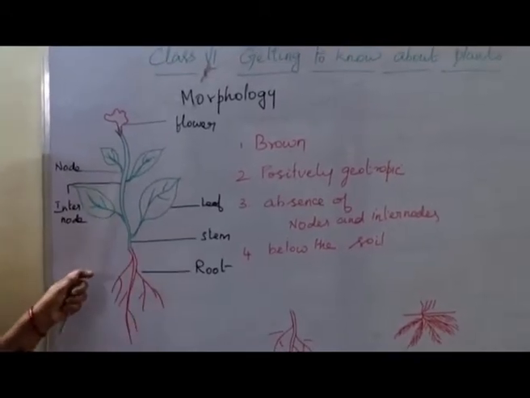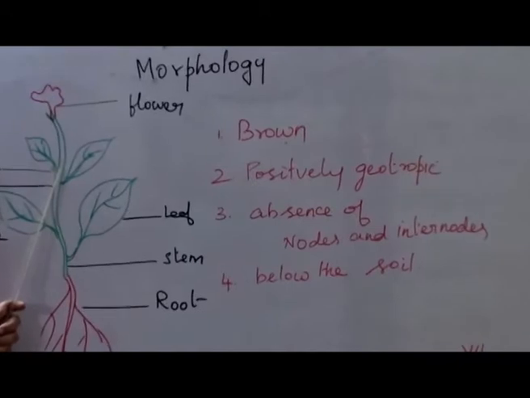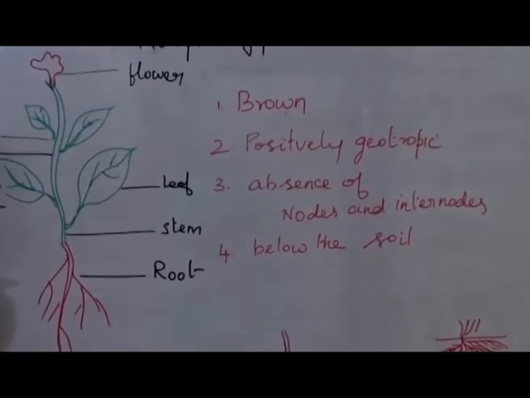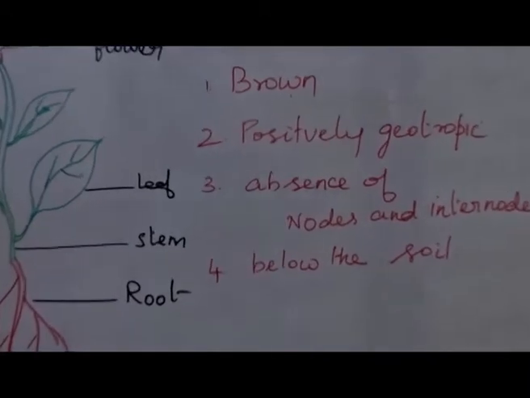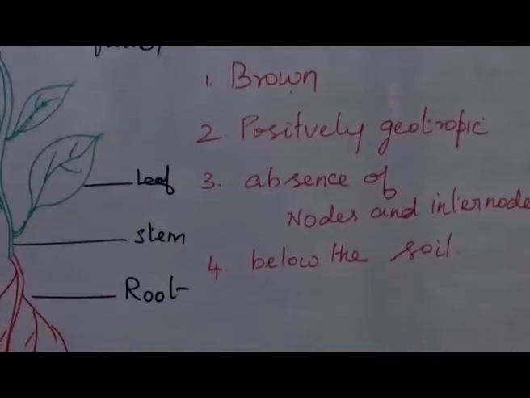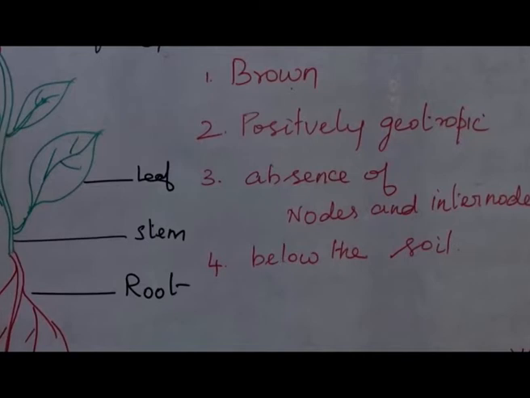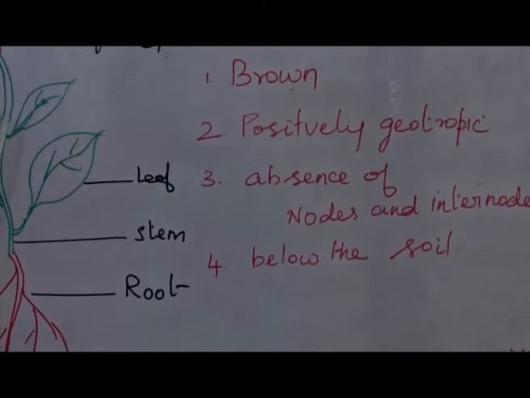Now the region where the leaves arise is called node and the space between the two nodes is called internode. Region between the leaves is called internode. The point from which the leaf arises is called node.